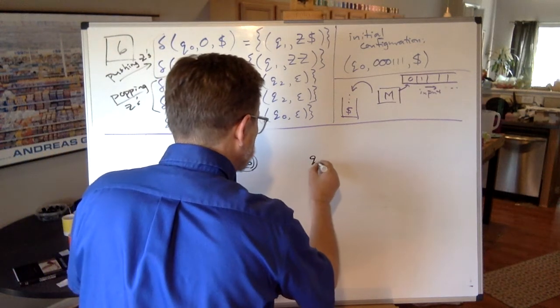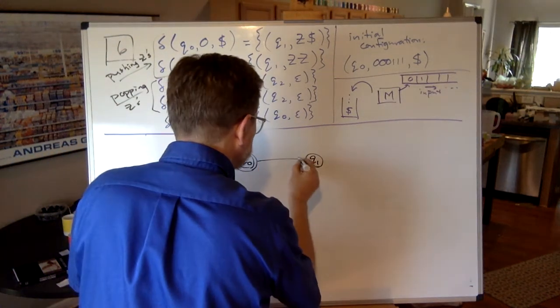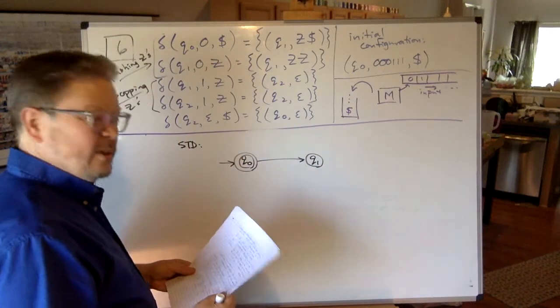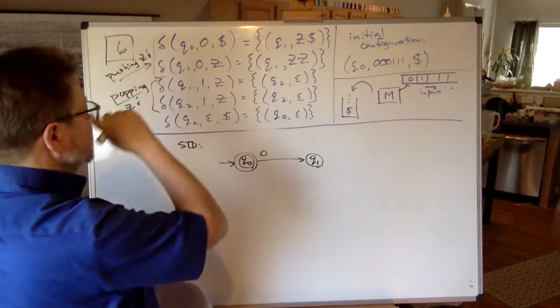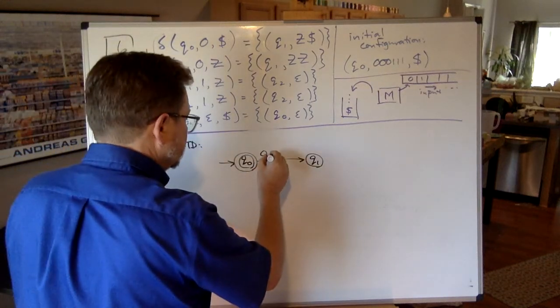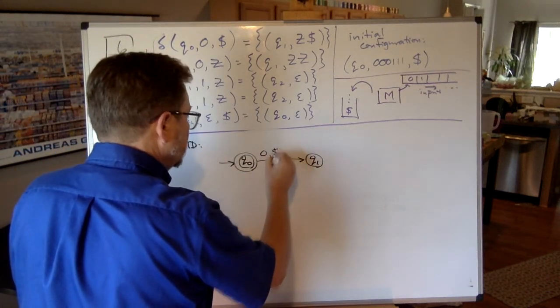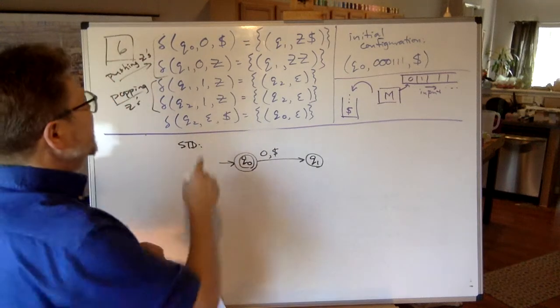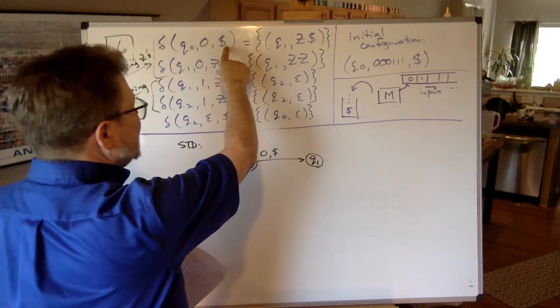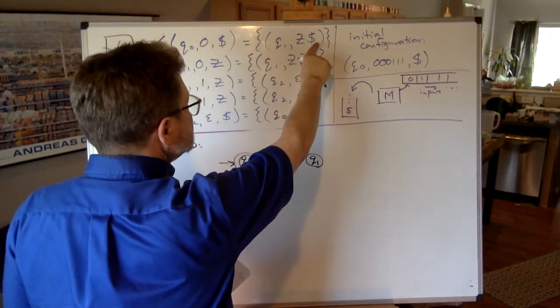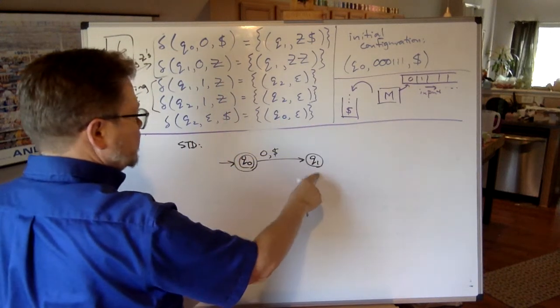Here's new stuff. When I go to Q1, I go with an arrow, just like we did before. I go in there with a 0. Q0 goes to Q1 with a 0. But I've got to put some additional stuff here. We put a comma, and we say what happens on the stack. This says, when I'm in Q0, see a 0, I replace the $ sign with Z$, as I go to Q1.